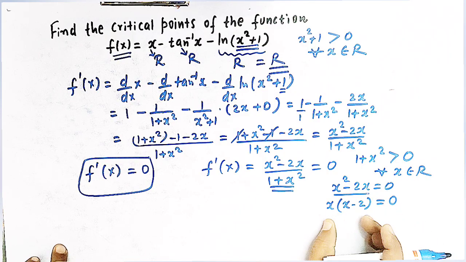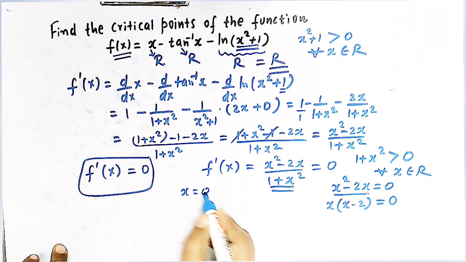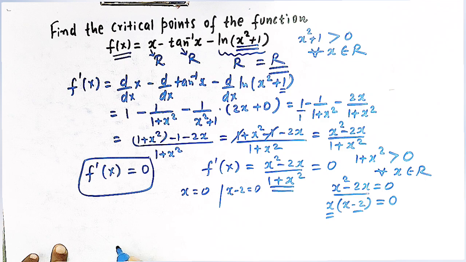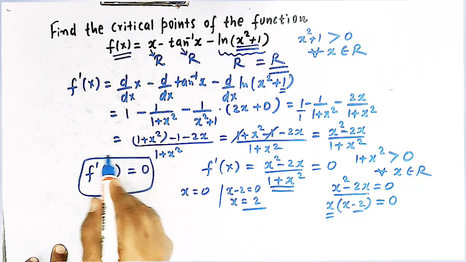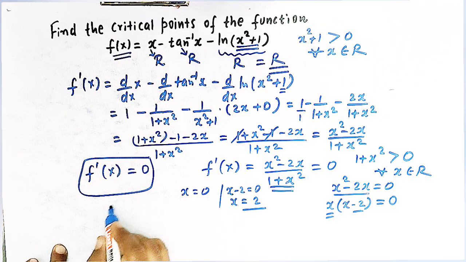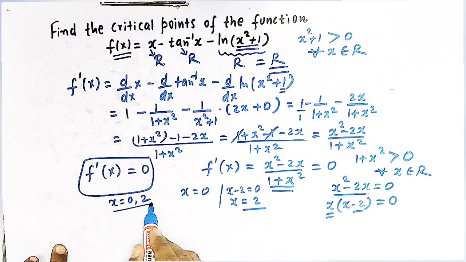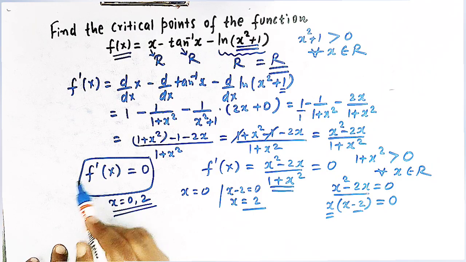So now this is the product of two terms that is equal to 0. So we must have either x is equal to 0 or x minus 2 is equal to 0. So from here we have x is equal to 2. So f prime of x is equal to 0. That is, this equation leads us to two values of x, that is x is equal to 0 and x is equal to 2. So for these two values of x, the first derivative is equal to 0.